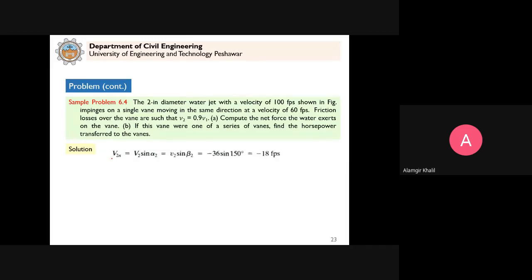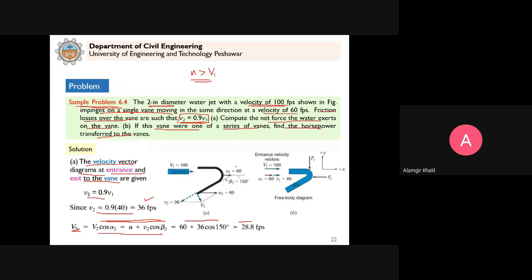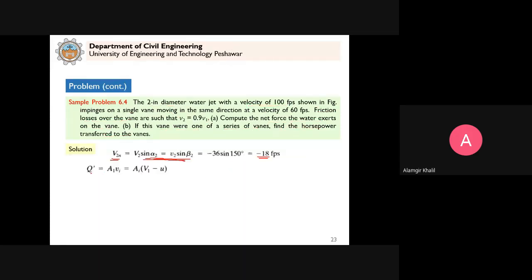Next, we consider the normal component of V2, normal to U. We already saw that V2 sin alpha 2 is equal to small v2 sin beta 2. So this is the value of the velocity V2 in the normal direction, normal to U. Now we can calculate Q dash.